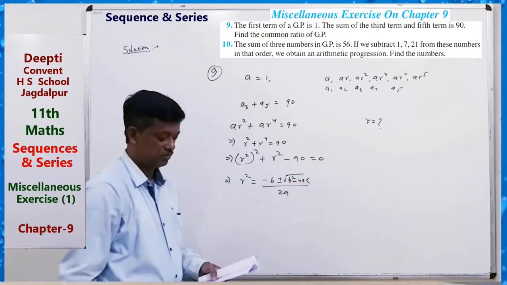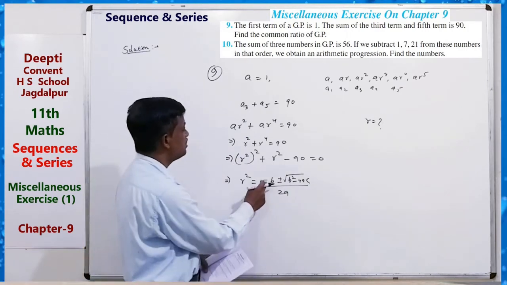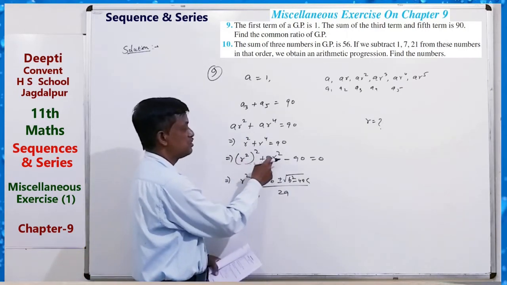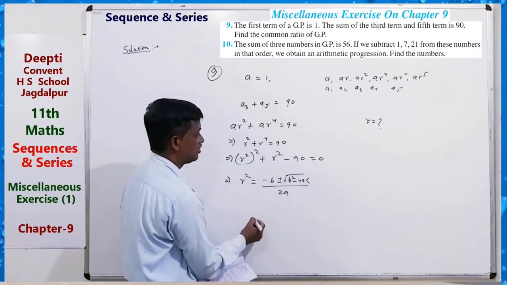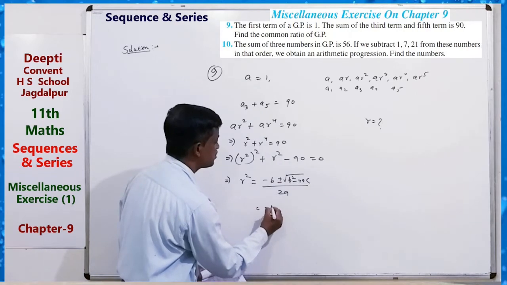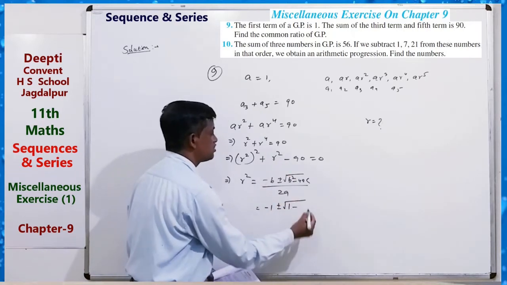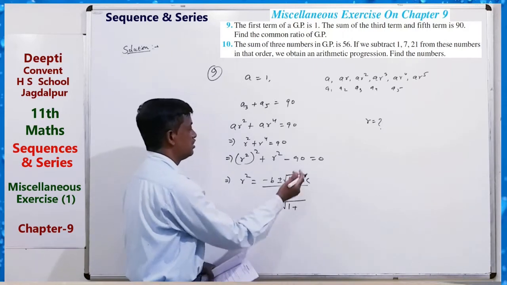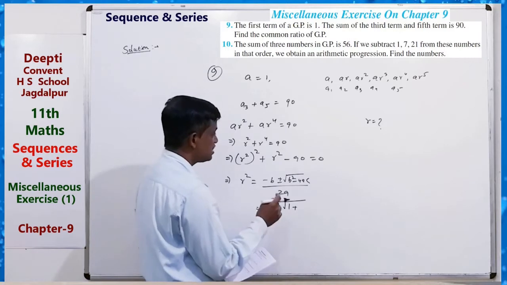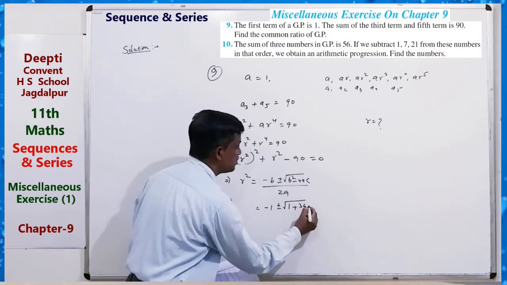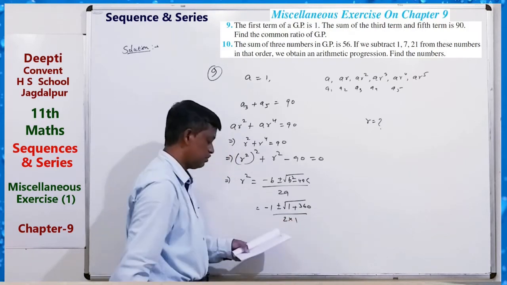Use this formula, you can get the result, where the quadratic is AX square plus BX plus C equals 0. Here B is 1, so minus 1 plus or minus root of 1 minus 4AC, which is plus 360, upon 2 into A, which is 1.